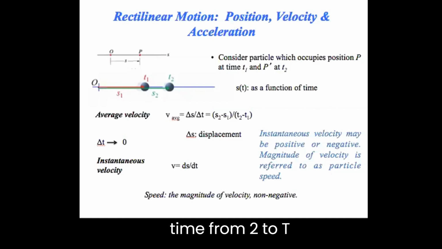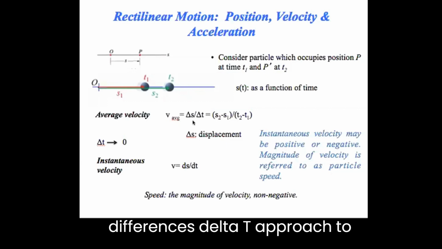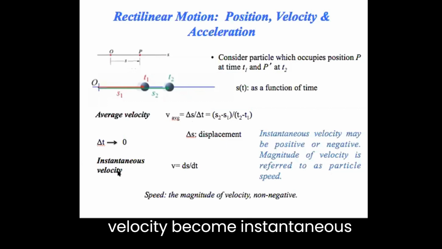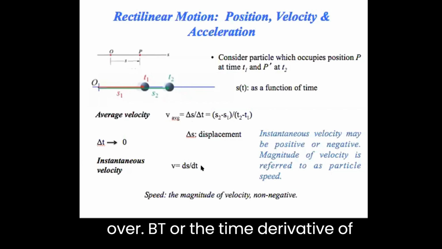From t1 to t2, the average velocity is defined by change in position over change in time, delta s over delta t. When the time difference delta t approaches zero, the average velocity becomes the instantaneous velocity, defined as ds over dt, or the time derivative of the position.